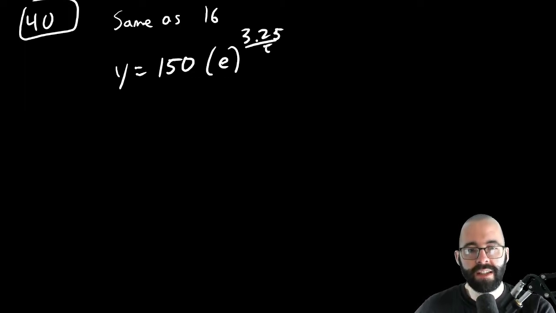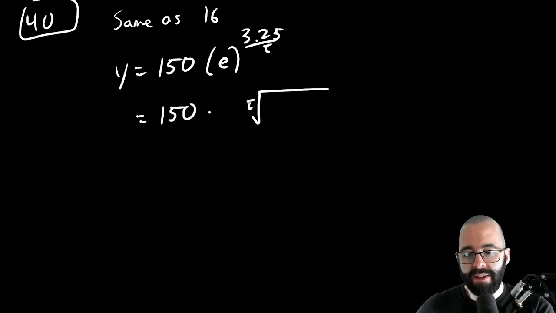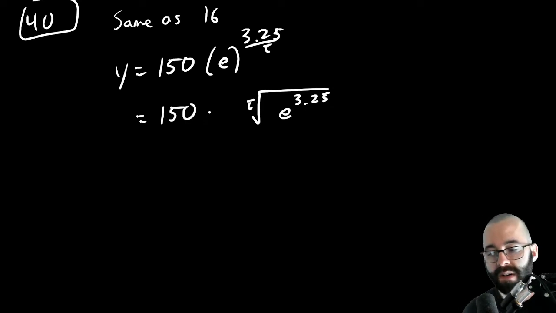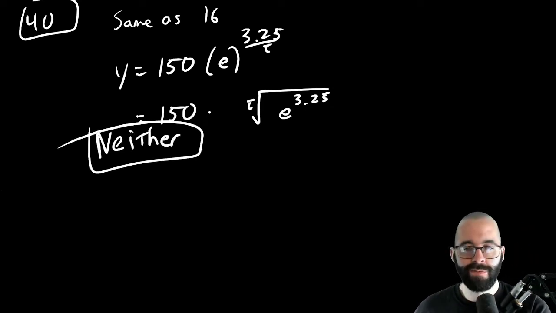Definition of rational exponents. The definition of fraction exponents means this is the same thing as 150 times the tth root of e to the 3.25. Again, same situation as before. So it's not exponential growth. It's not exponential decay. It's neither. And if you graphed it, you'd see that.